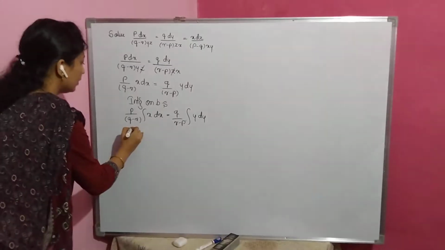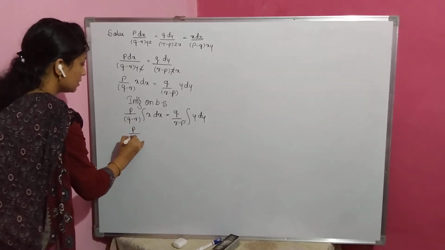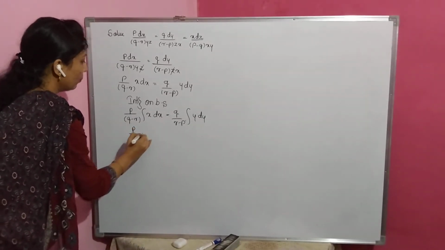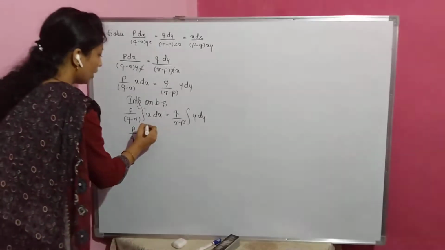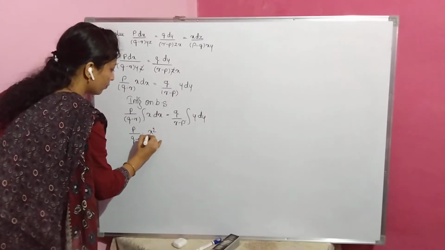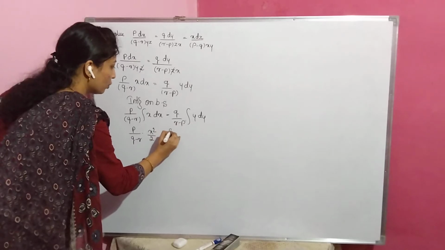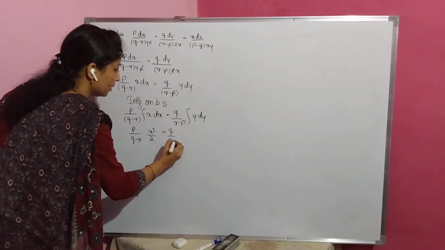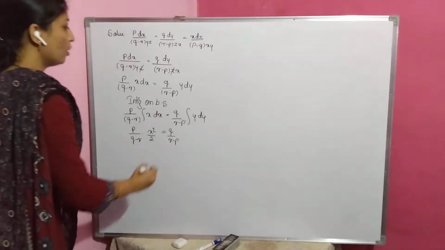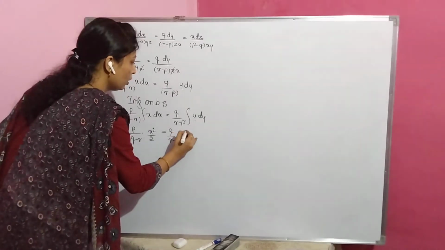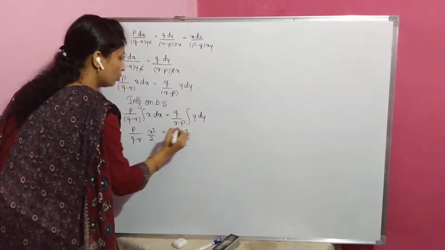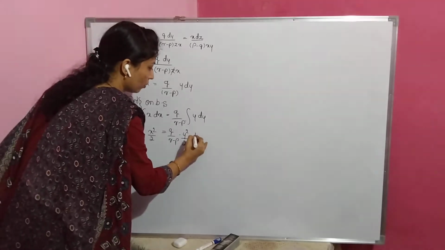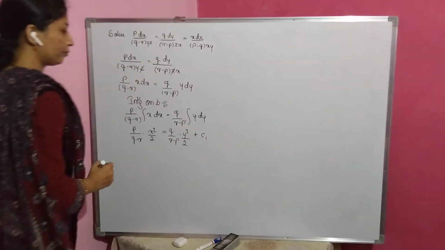The integration of x is x square divided by 2, and the integration of y is y square divided by 2, and we write the integral constant, that is C1.